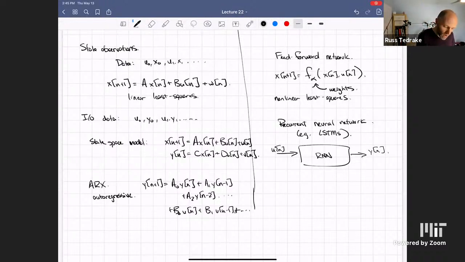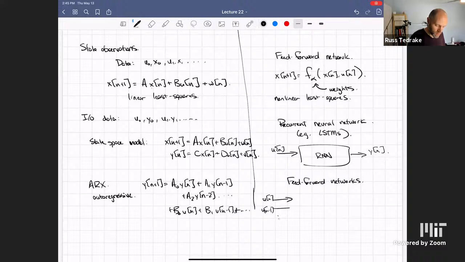Similarly, you will often see people using feed-forward networks, just multi-layer perceptrons or whatever, that have a history of u's coming in, but also a history of y's coming in, into, for instance, a multi-layer perceptron, and then just try to predict the next y.